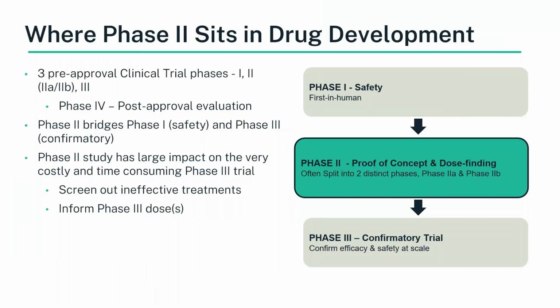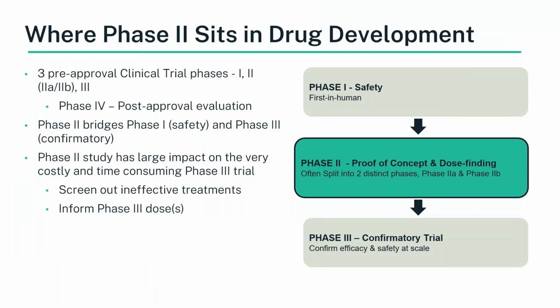So phase 1 is the first in human trial and will generally consist of around 10 to 50 subjects. And the objective of these trials is generally just to ensure that the proposed drug or treatment is safe for human consumption.